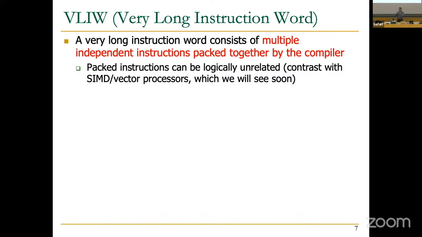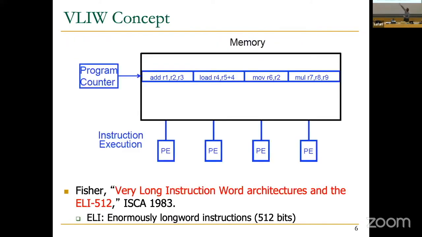They also can fetch multiple instructions per cycle from the same program counter, except those instructions are completely related. They all do the same thing. Here, if you look at this picture, these instructions are completely different. One is an add, one is a load, one could be a square root if you have that instruction. They don't have to have any relationship at all to each other, except, of course, they need to be executed by the program in that vicinity.